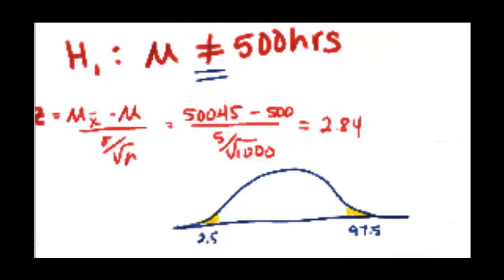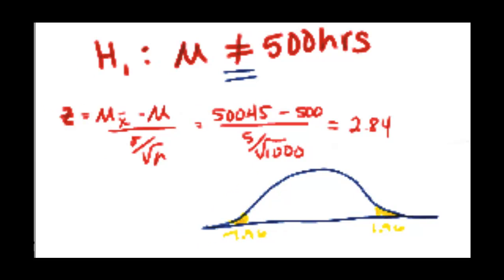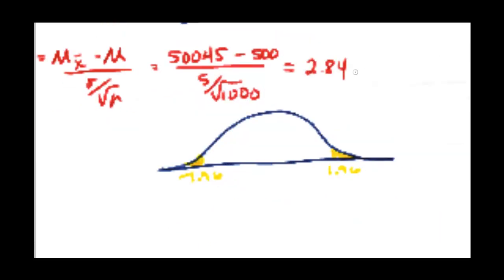So what that tells me, because it's symmetric, we're doing the z-score method, we're going to have a rejection region of a positive 1.96 here and a negative 1.96 there. Okay, and in this case our z-score was 2.84, which is way above 1.96. So clearly it falls in the rejection region.